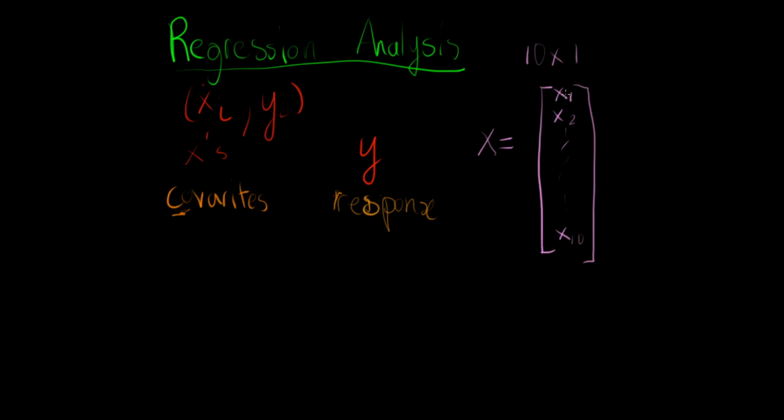For example, x1 is the height of the first person, x2 is the height of the second person, and x10 is the height of the 10th person. 10 is the number of rows, and 1 is the number of columns.